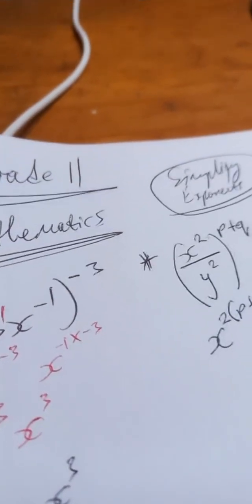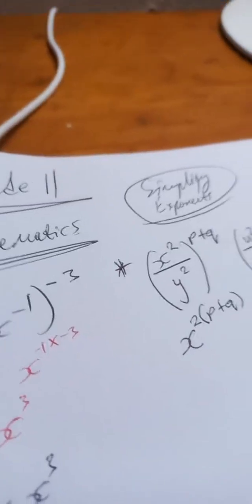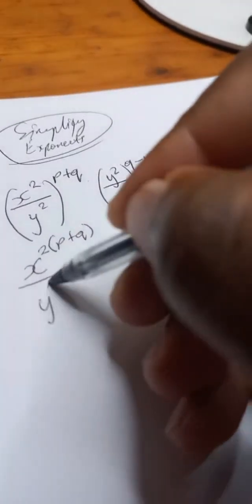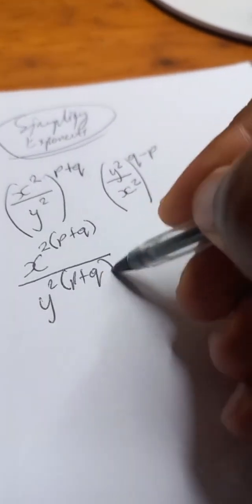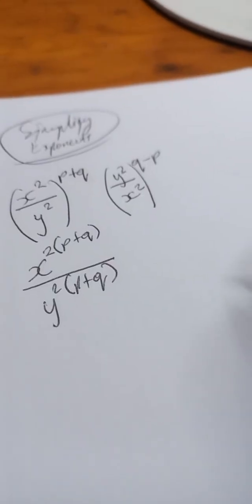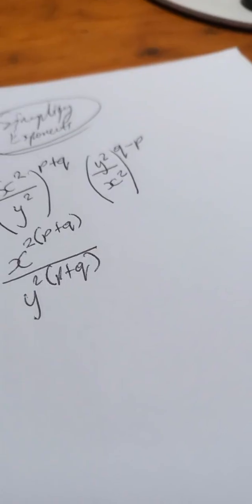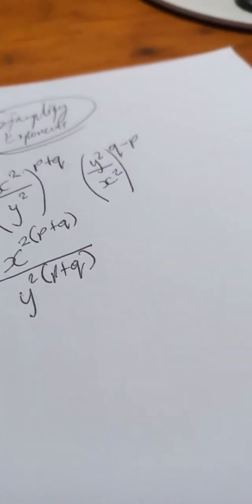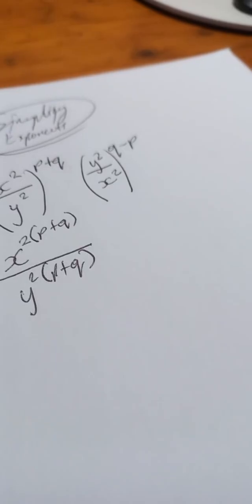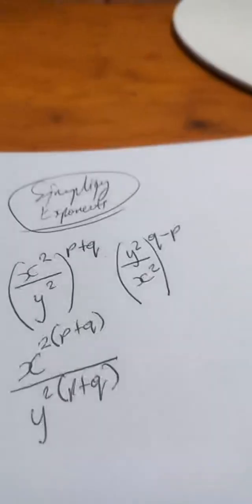Exponents with fractions, grade 11. That's what we are dealing with. So now, our way forward: over y to the power 2 bracket P plus Q. Right, and then we are going to do the same to the other side.